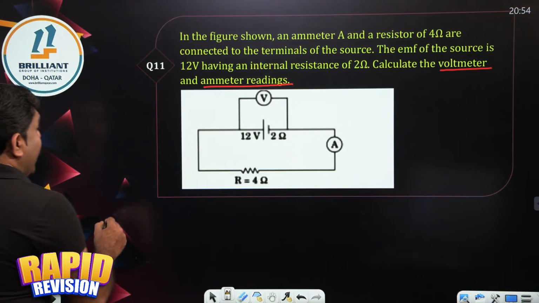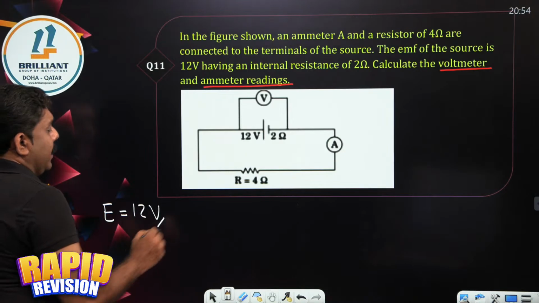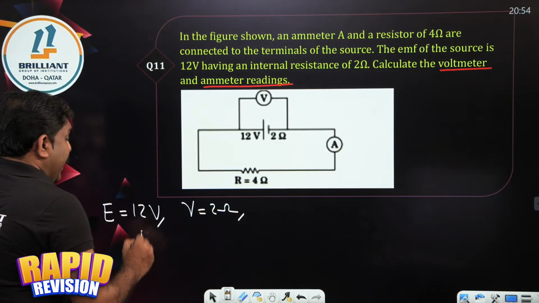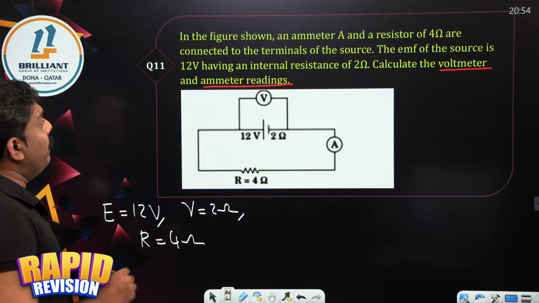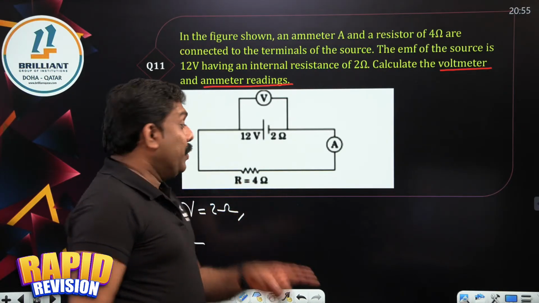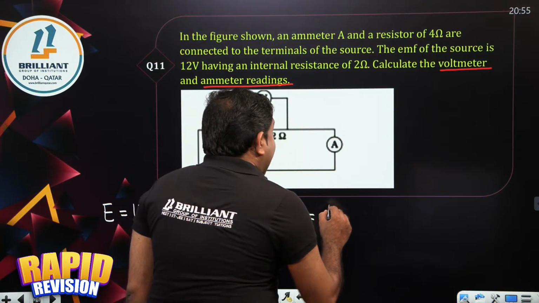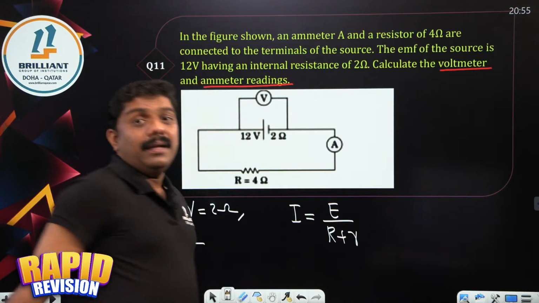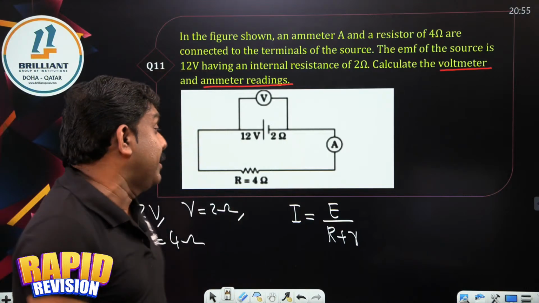EMF is given, that is 12 volt. Internal resistance is 2 ohm. External resistance is 4 ohm. Now we have to find the ammeter reading, meaning current. For the cell combination, current is equal to E by R plus r, EMF divided by external resistance plus internal resistance.